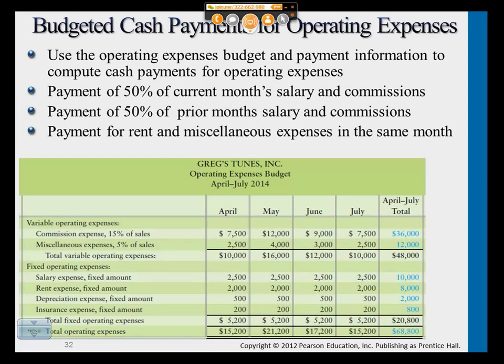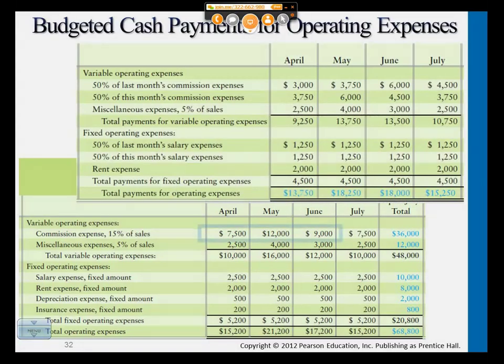Let's look at the conditions that we have up there. Greg is going to pay half a salary in the month incurred and half in the following month. And here you see 50% of last month's salary expenses and 50% of this month's salary expenses.